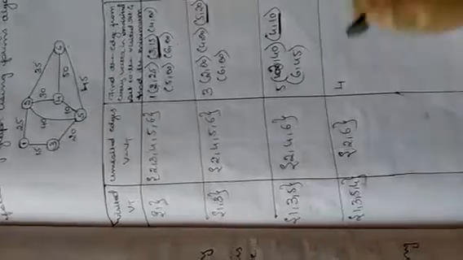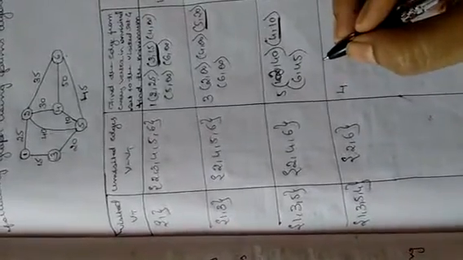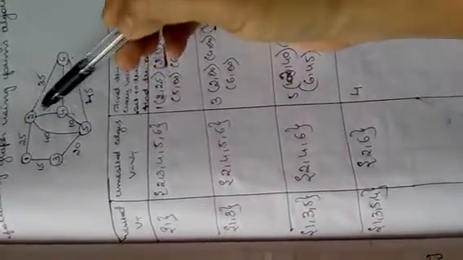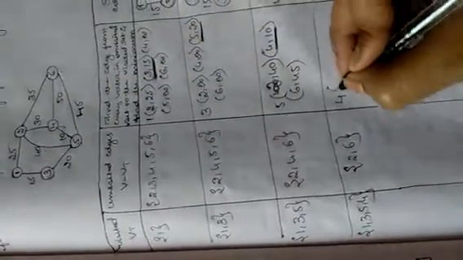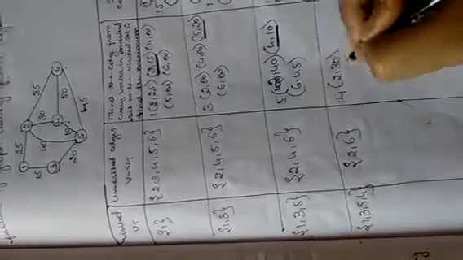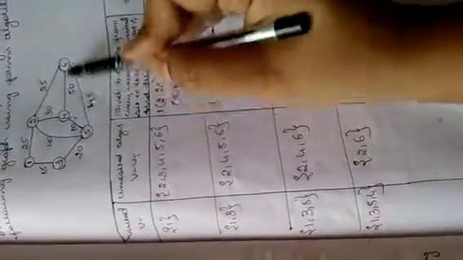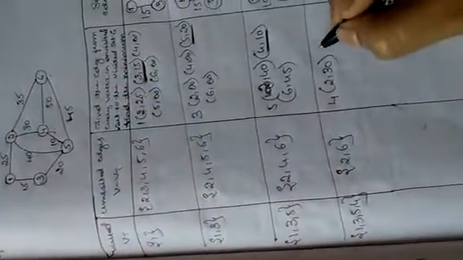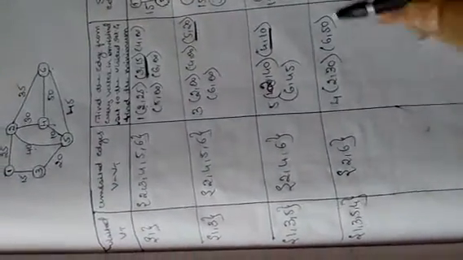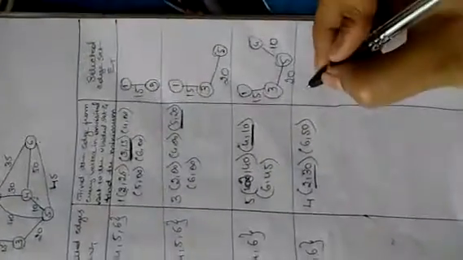Now from 4 I have to take to 2 and 6. From 4 to 2, is there any edge? Yes, that is 30. From 4 to 6, yes, again it is 50. So which is minimum among these two? From 4 to 2, 30 is minimum.